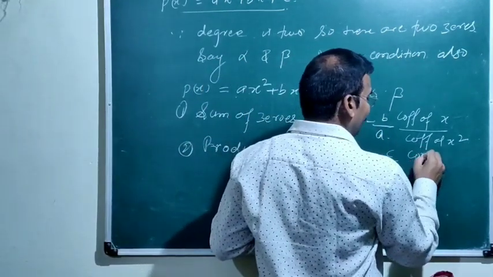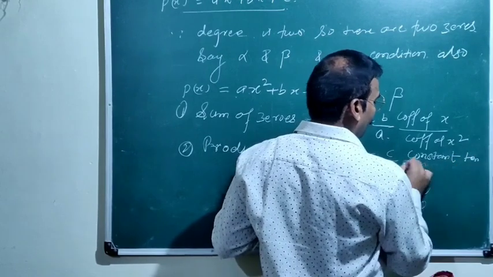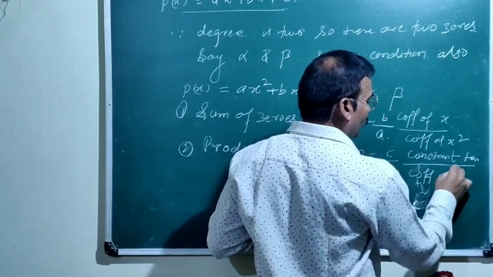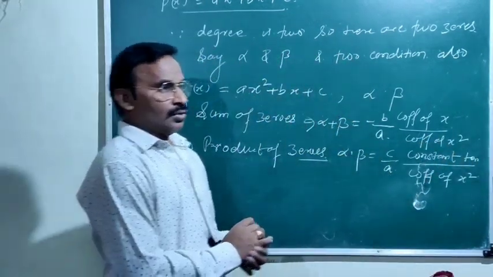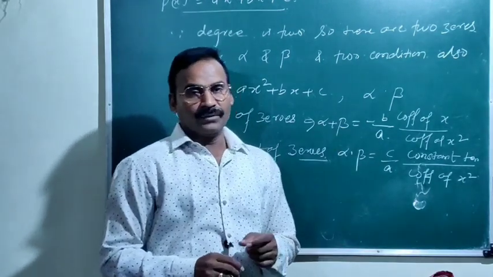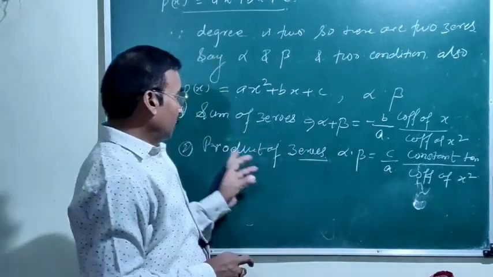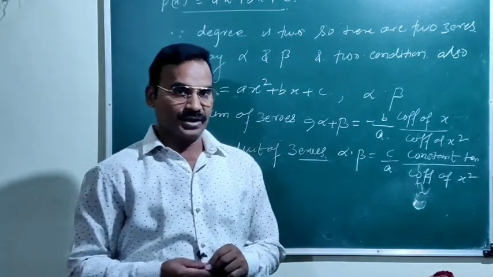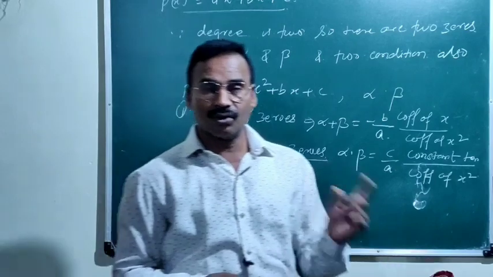C is the constant term, divided by, same as above, the coefficient of x square. The most important topic for the board classes in 10th class is to verify the relationship between the zeros and the coefficients.